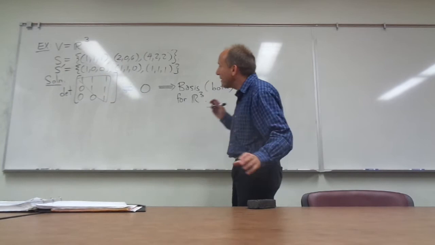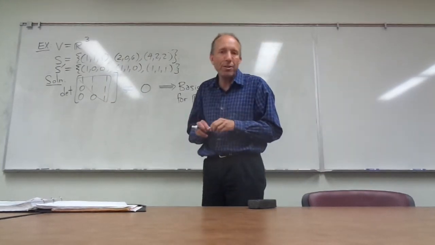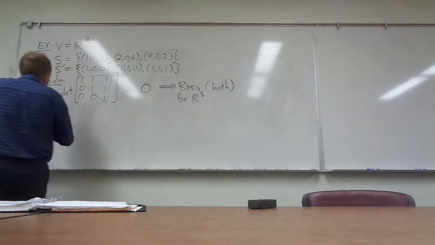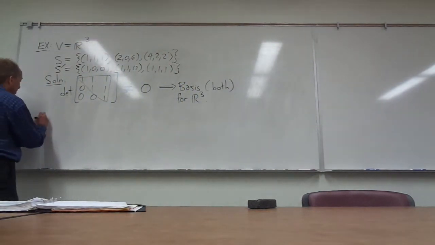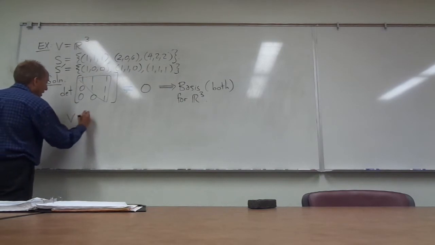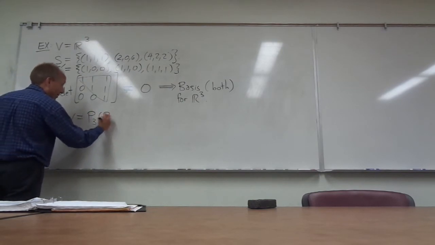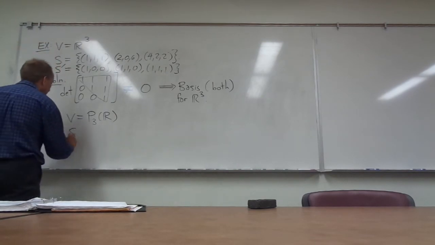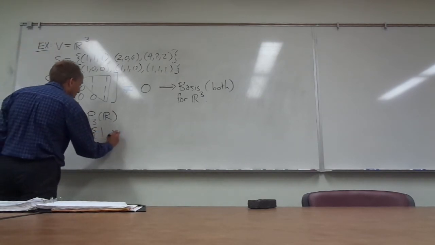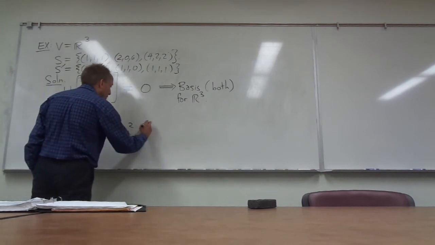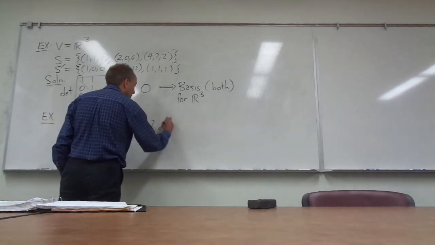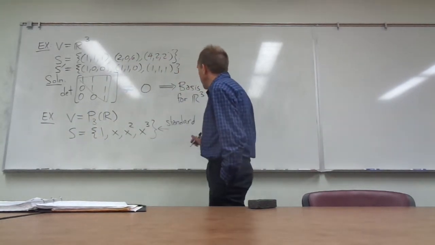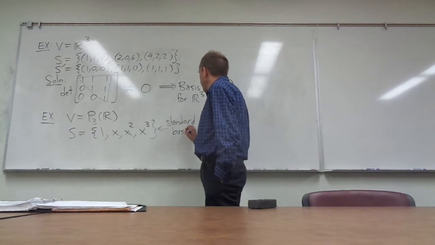In fact, a vector space can have lots of different bases. They are not unique. As another example, if we look at P3 of R, we could take what is called the standard basis, where you just take the powers of x.